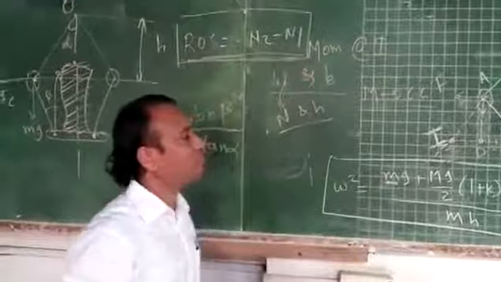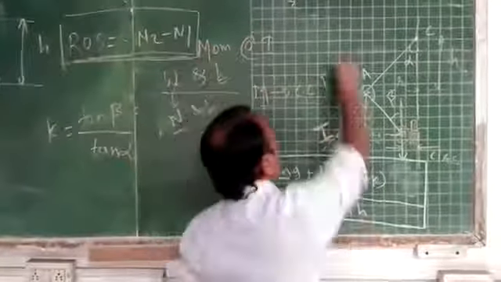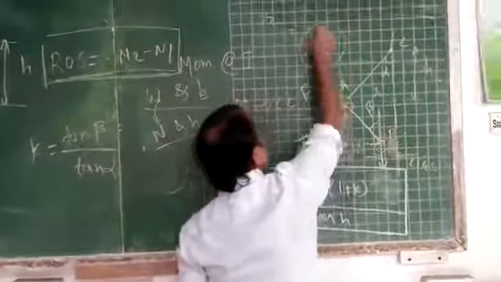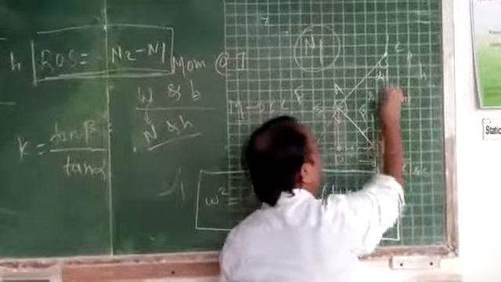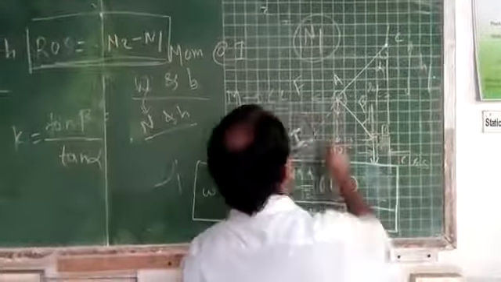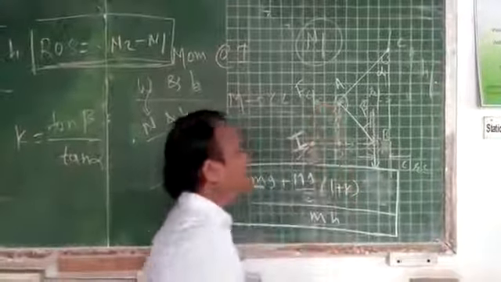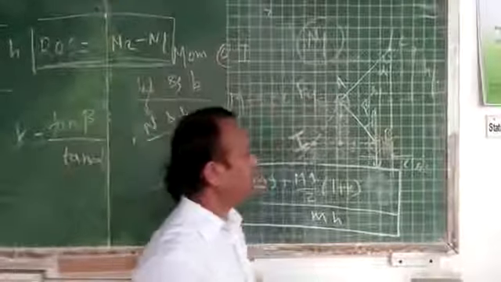Now see, to calculate the minimum speed n1, let the notation be alpha 1, beta 1, r1, h1, fc1. So subscript 1 you can take to calculate n1.